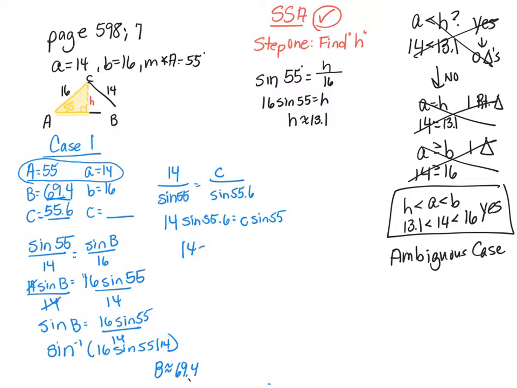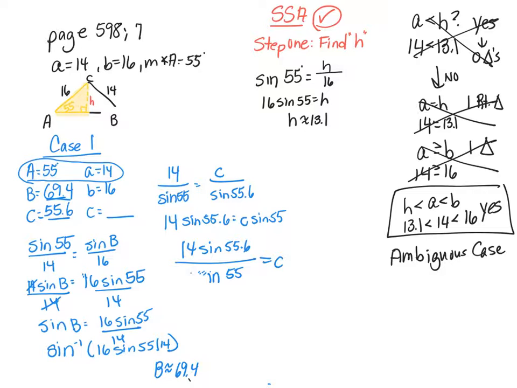So 14 sine 55.6 divided by sine of 55. So I'm going to put out my calculator. 14 times sine of 55.6 divided by the sine of 55. All right, it's giving me 13, but I don't recall that being my answer.